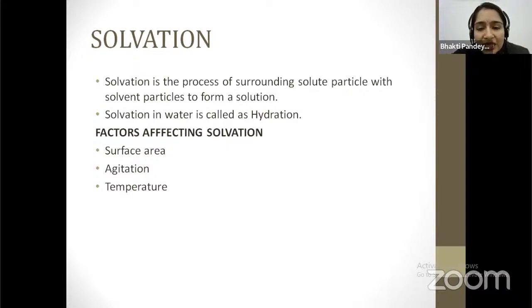So by agitating, it will gain more kinetic energy, and more solvation will be achieved. Then comes temperature. A rise in temperature leads to more kinetic energy. The solute molecules which have more kinetic energy, ultimately the solvation will be increased.